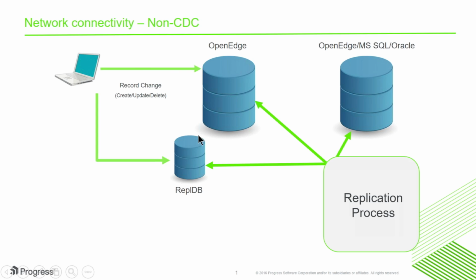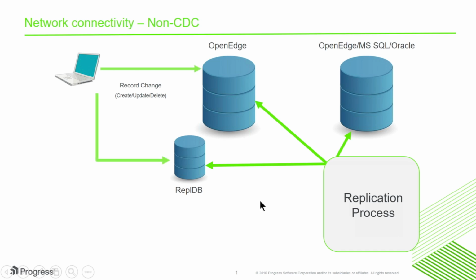So in this particular environment, if a customer were to change a record, the trigger does fire and it will write a replication queue entry into the REPL database or the REPL queue table, whether it's embedded internally in your source database or, as this diagram shows, externally in a REPL database.